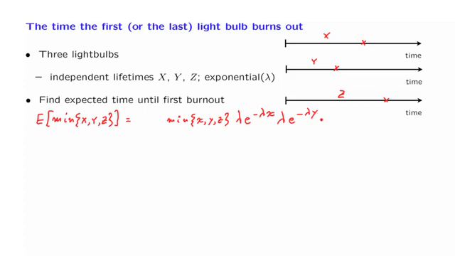And so we obtain this expression for the joint PDF. And we need to integrate this over all x's, y's, and z's. So it's going to be an integral that goes for each one of the three variables from 0 to infinity. And here we have dx, dy, dz.